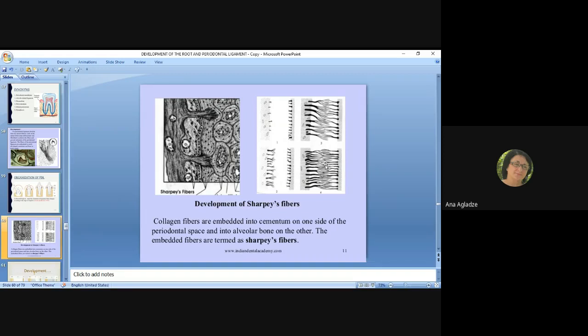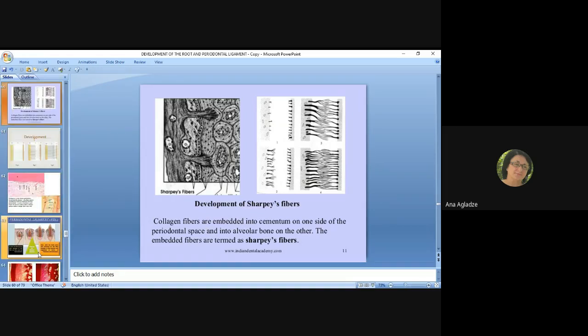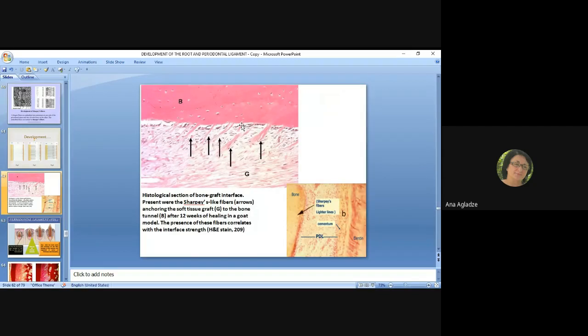And the Sharpey fibers in the extrinsic fiber cementum arrange themselves differently in consecutive layers when the tooth changes its position. And here you can see these Sharpey fibers. This is periodontal ligament, bone from one side and cementum from the other side, and you can see these Sharpey fibers, these lighter lines which propagate into both bone and cementum.